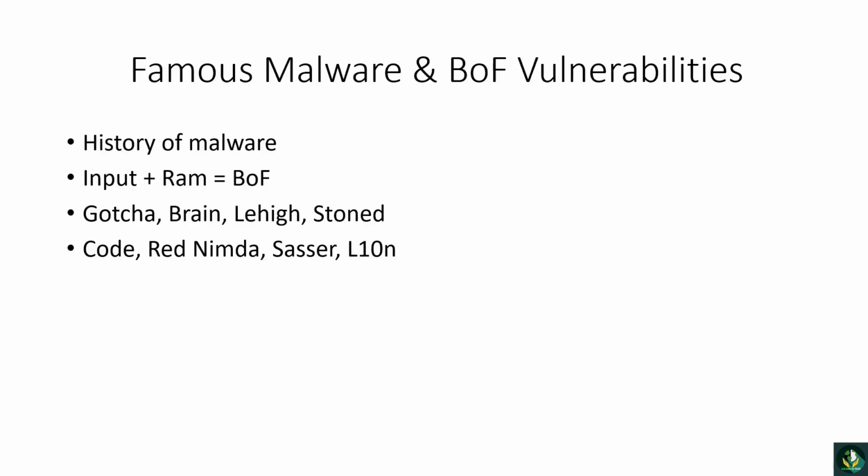One of the most interesting places to look for buffer overflow vulnerabilities is in the history of malware. The possibility of input data overrunning the boundaries of a fixed size area of computer memory has been known since the 1950s, when computers first started storing data in random access memory.